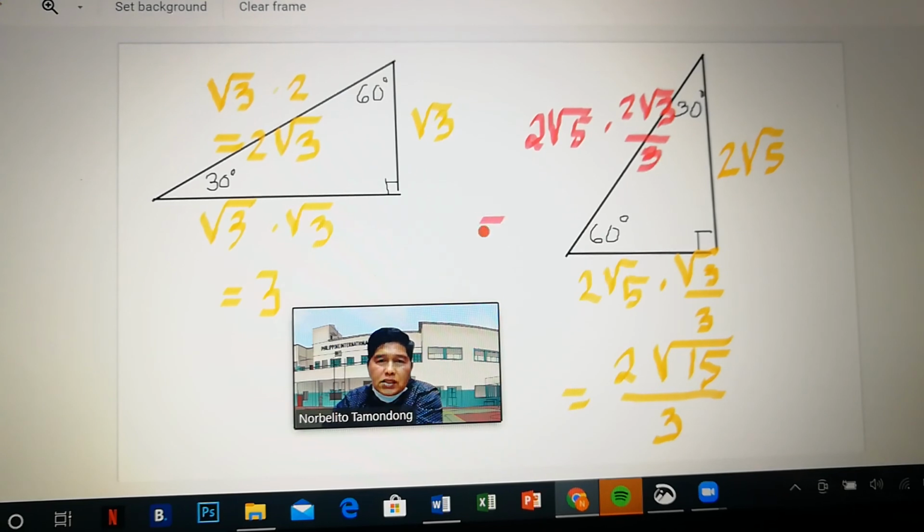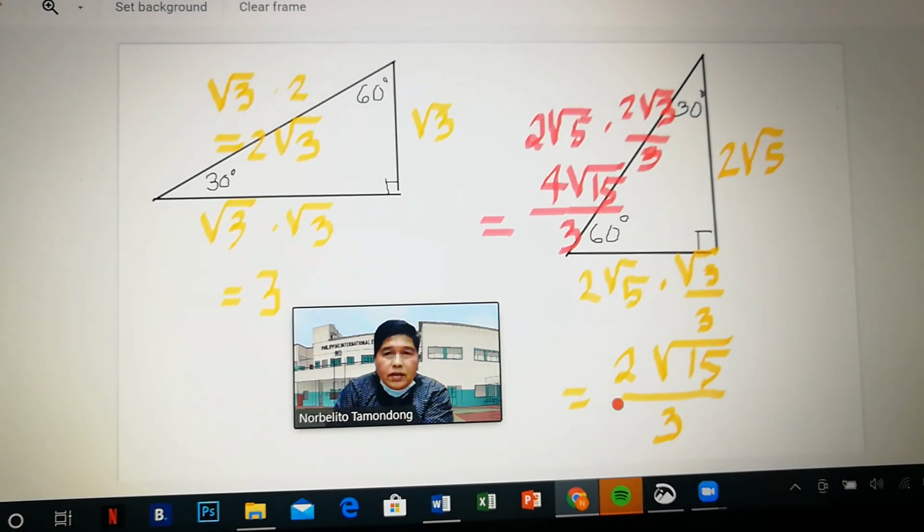Okay, so what is the answer? 4 square root of 15 over 3.